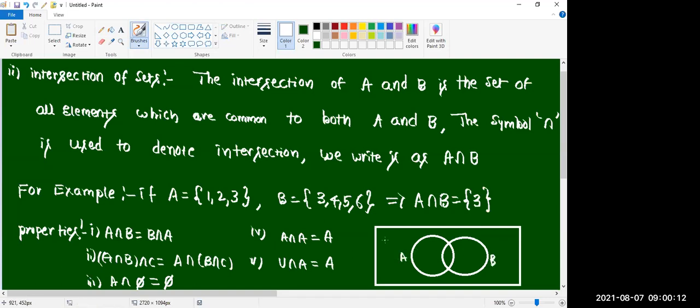Universal set. This red part is the universal set. Union, intersection. A intersection B. Write down.